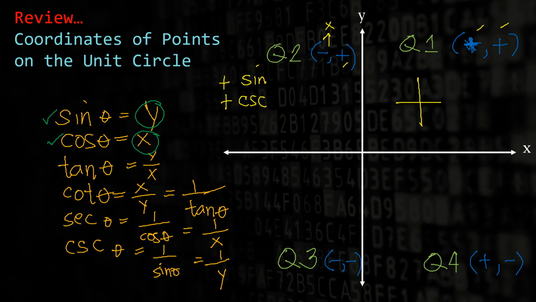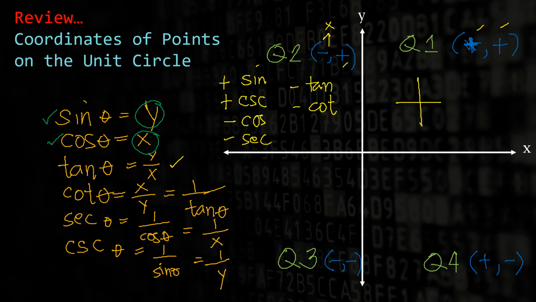However, the 4 remaining functions must be negative: negative for cosine, negative for secant, negative for tangent, and negative for cotangent. Why is it that tangent is negative? Because it requires cosine. Tangent theta is the ratio of sine over cosine.